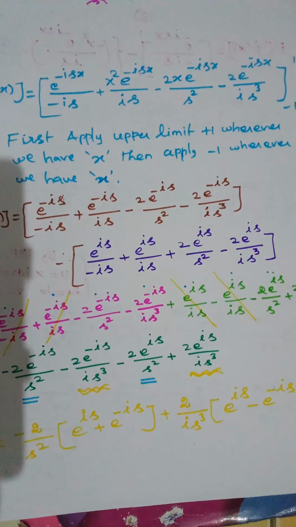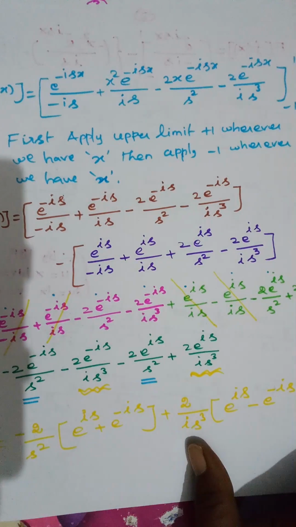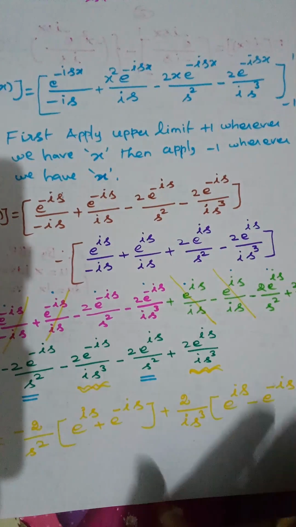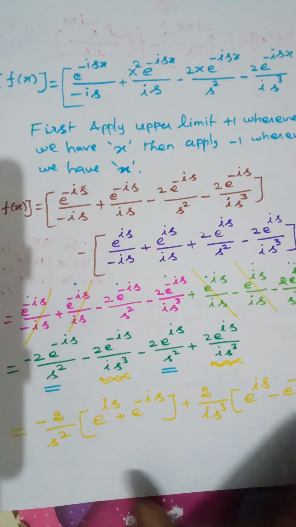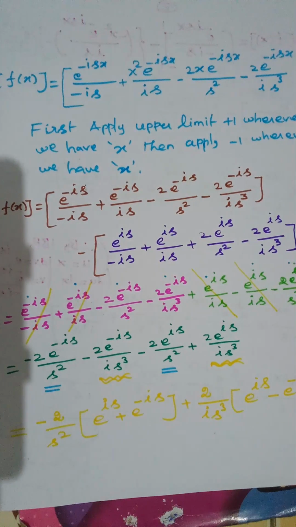So this is the next term, isn't it? Okay, so first of all, I'm going to apply the upper limit, that is plus 1, wherever we have x inside the bracket.